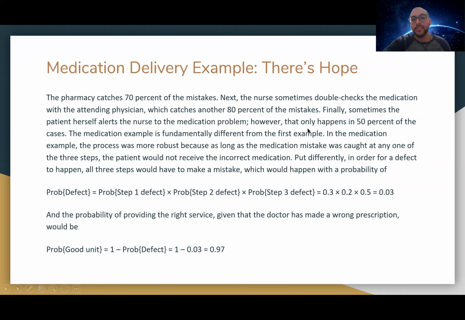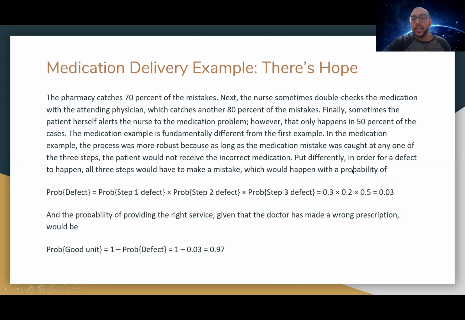However, that only happens in 50% of the cases. The medication example is fundamentally different from the first example. In the medication example, the process was more robust because as long as the medication mistake was caught at any of the 3 steps, the patient would not receive the incorrect medication.